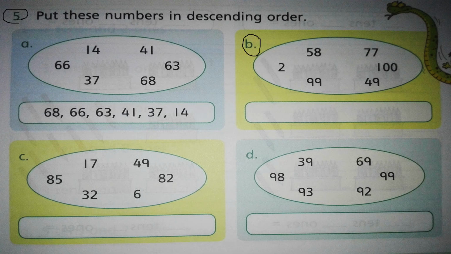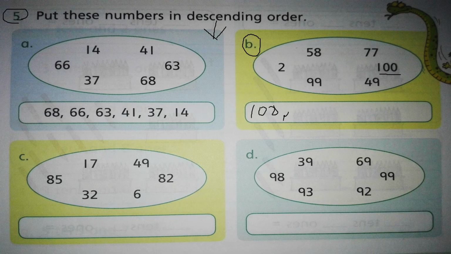Okay, descending order means you have to go down, means towards smaller numbers. So we'll write the largest number first. Which one is the largest number here? 100. 100 is the largest number. So we will write 100 first.